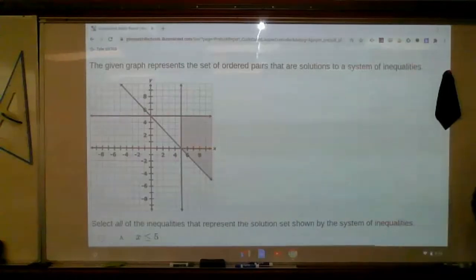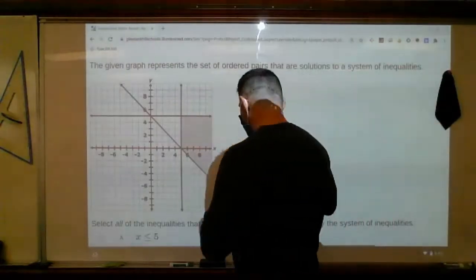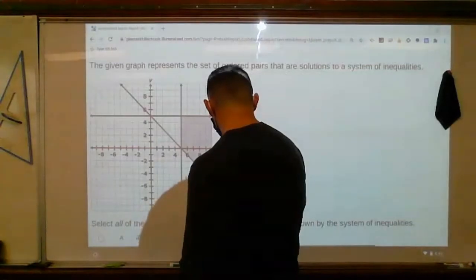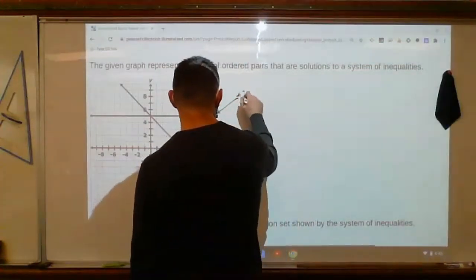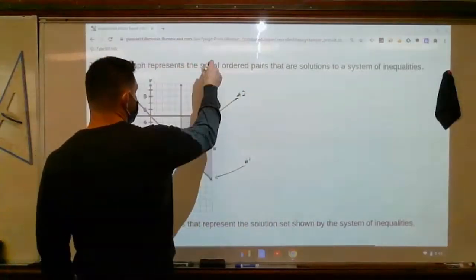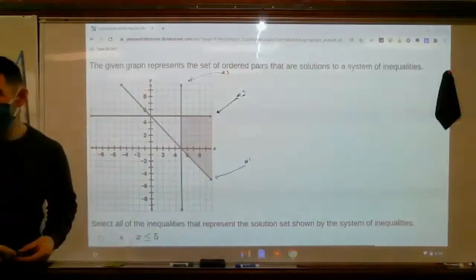So when it says select all the inequalities that represent the set, this means you need to know how to find the equations of this line, of this line, and of this line.